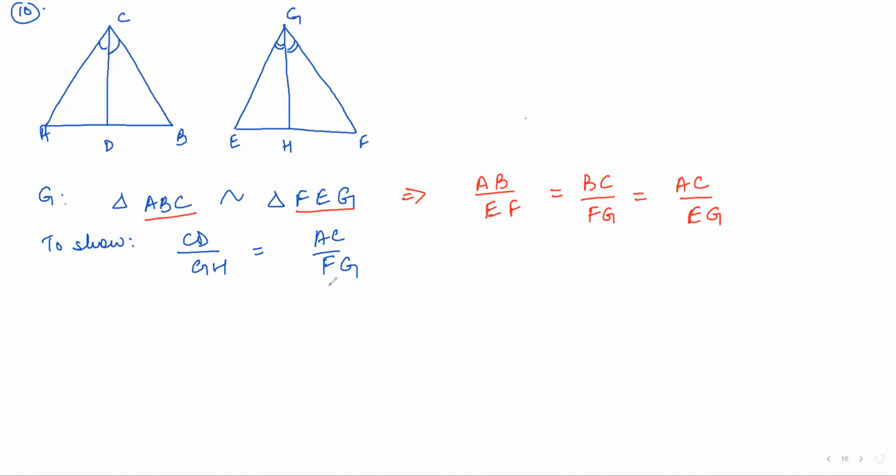Okay. Now see, FG or EG? EG. Okay. Now see, you have to get CD by GH, AC by FG. Shouldn't it be BC by EG?